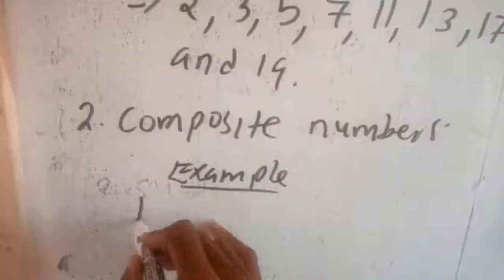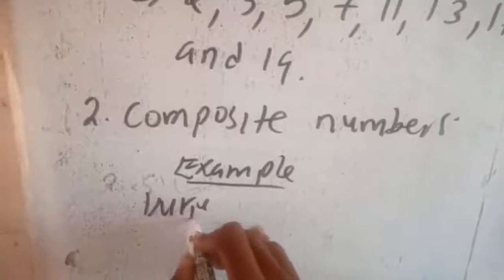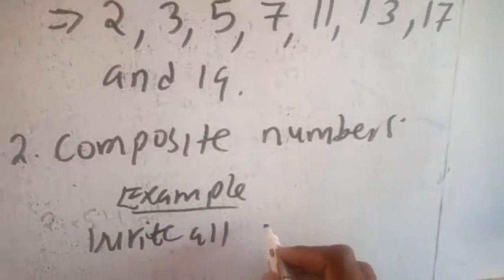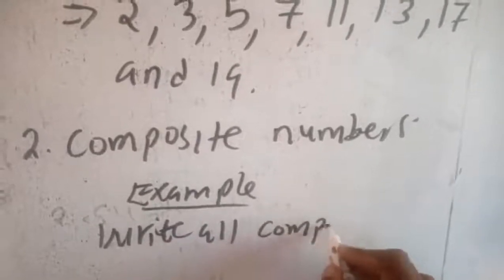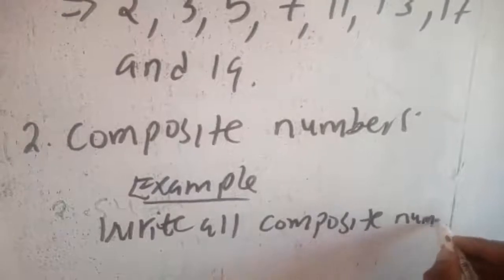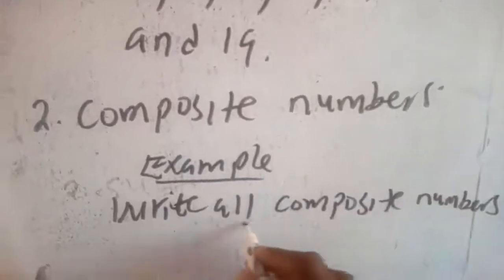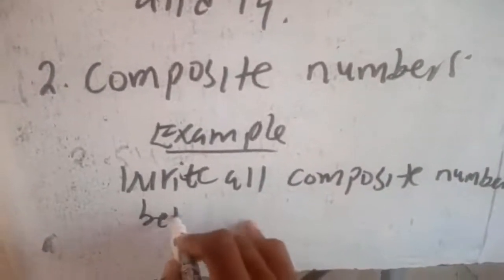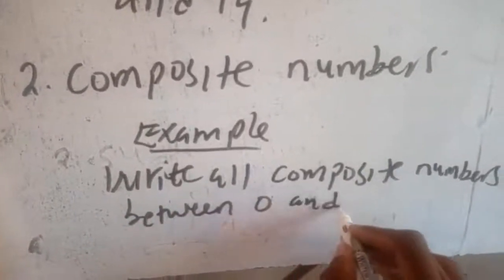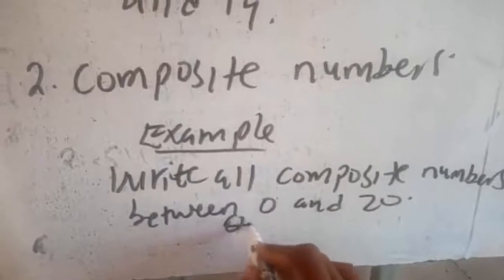So you are asked, write all composite numbers between 0 and 20. Still, what is the solution to this?